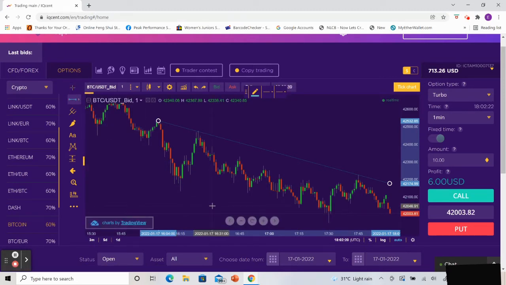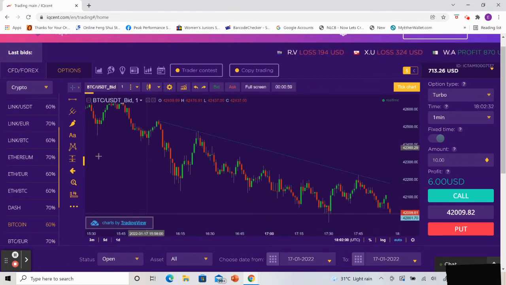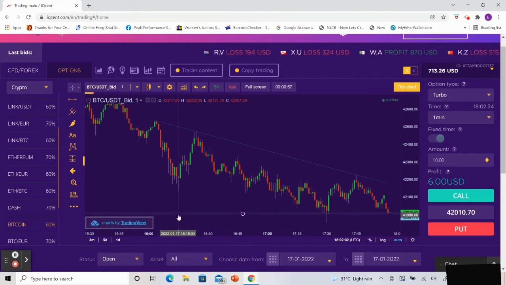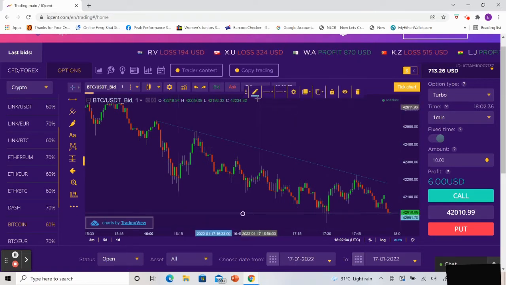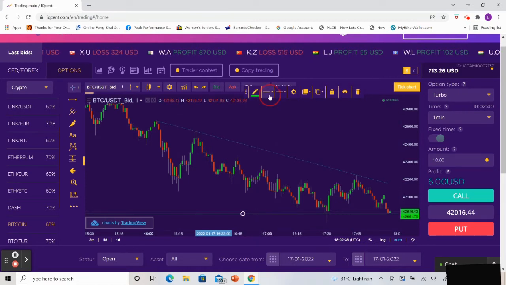So if I put a line there, let's say this is my support. If I click on it, it allows me to change the colors and also the thickness of the lines.